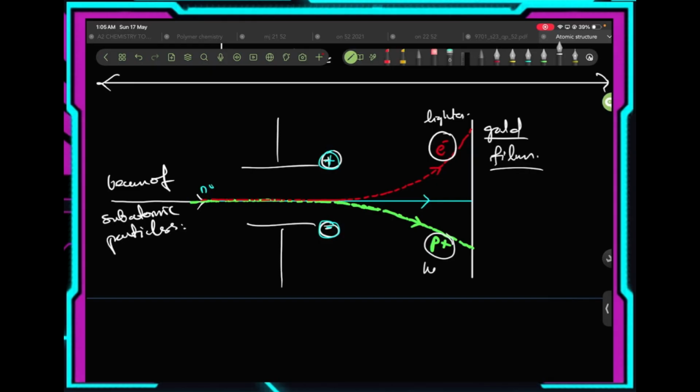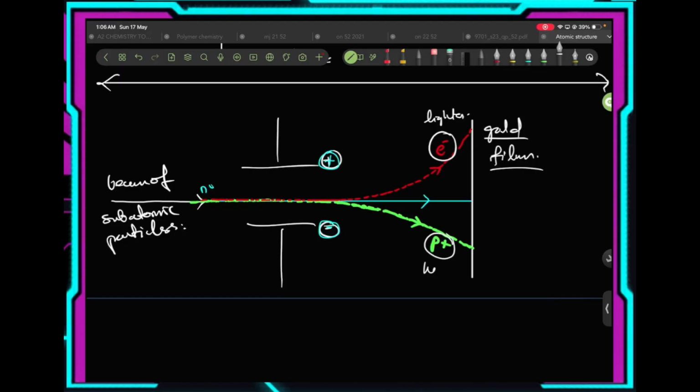So the path of the electron deviates more, or is bent more, because the electron is lighter. The positively charged terminal can attract the electron and bend its path more easily. But the proton being heavier, if you want to bend it more, you have to apply a stronger electric field. So the proton did not deviate more than the electron.